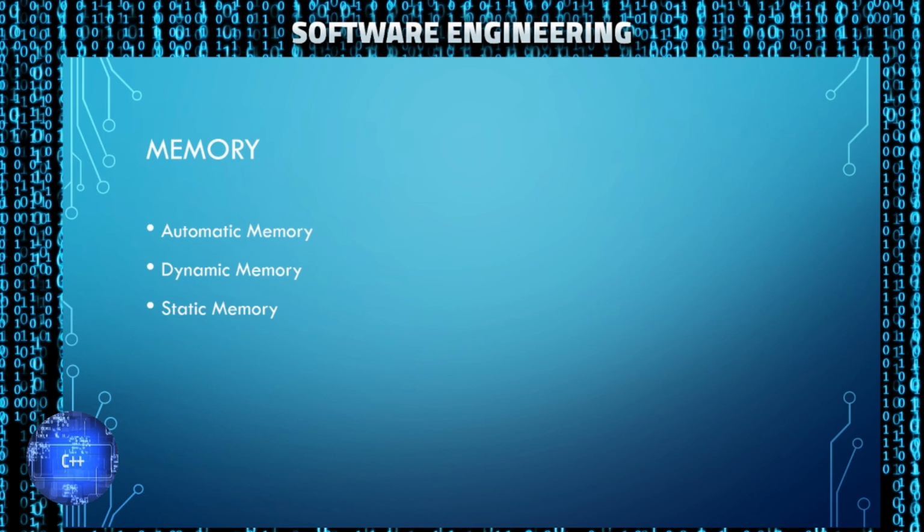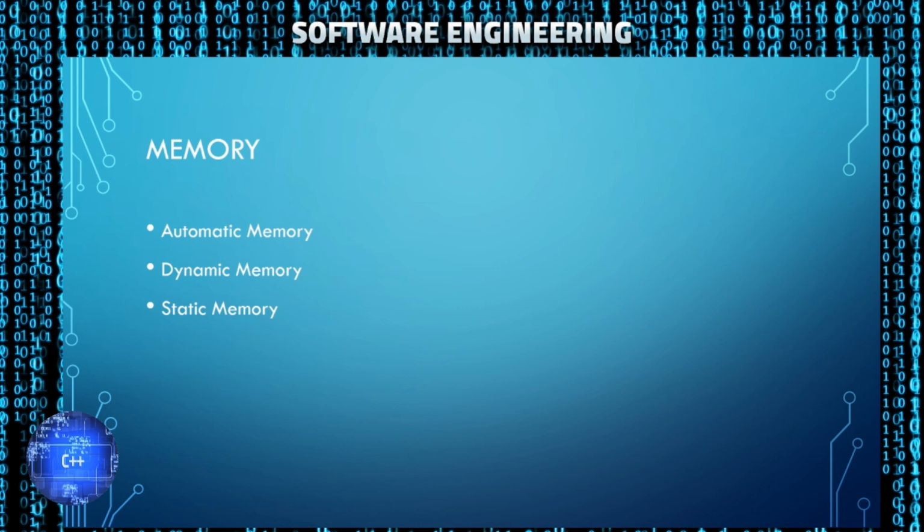You might also see this type of memory referred to as the stack. When you declare the variable within the scope, it's only valid within that scope, and once the scope ends, the variable is destroyed. The memory is allocated at the time the program is compiled, so all the memory you need with this kind of storage is known when the program is actually compiled.